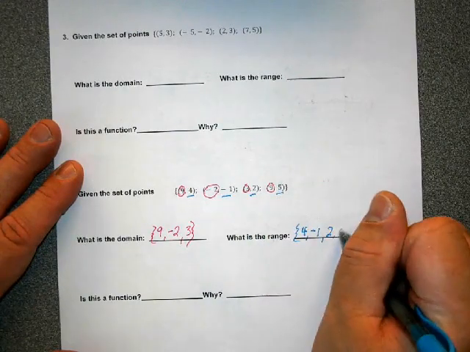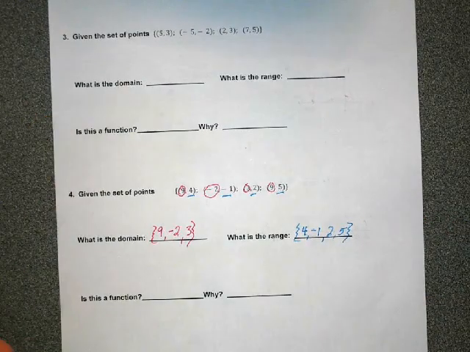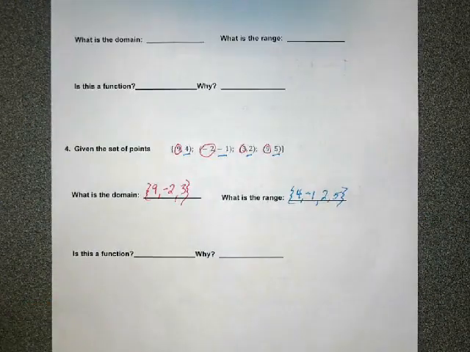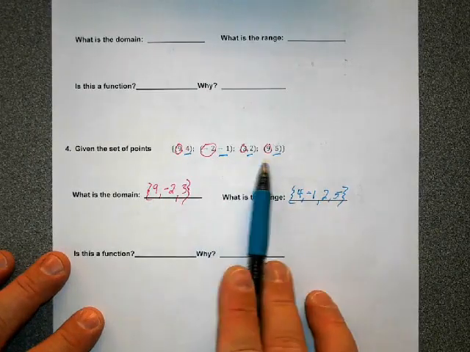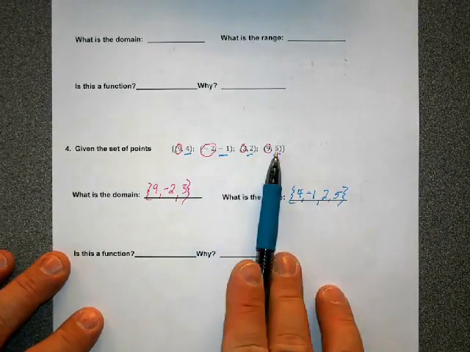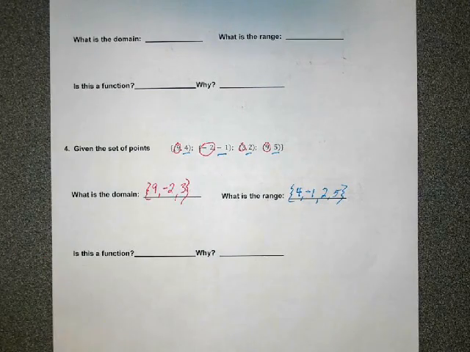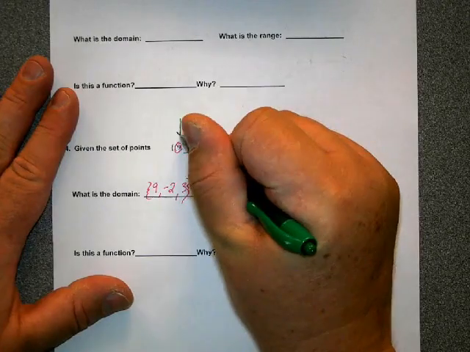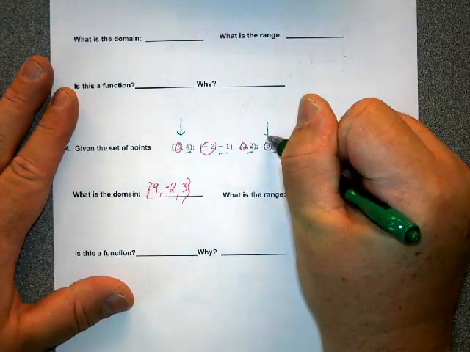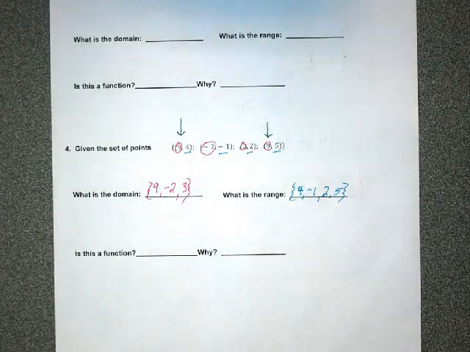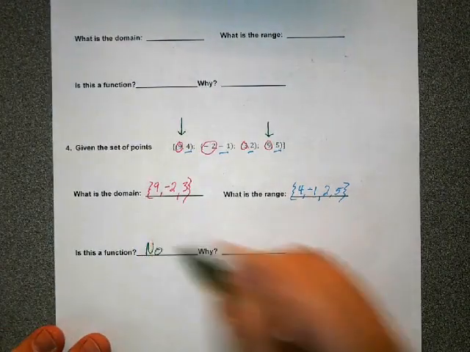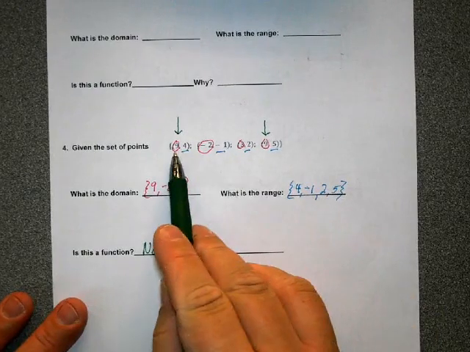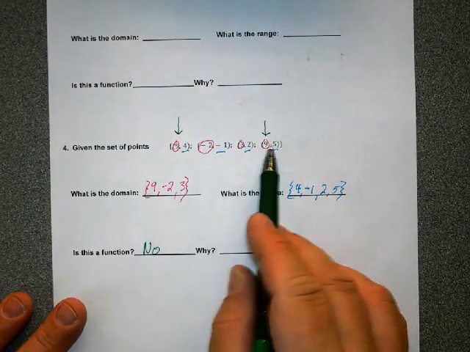Now, you can't use the vertical line test in this one because we don't have a graph. You have to determine, just by looking at the points here, is this a function? No, because it has the repeating 9s, right? Okay, so no, it's not a function because we have two outputs for the number 9, for one x input.